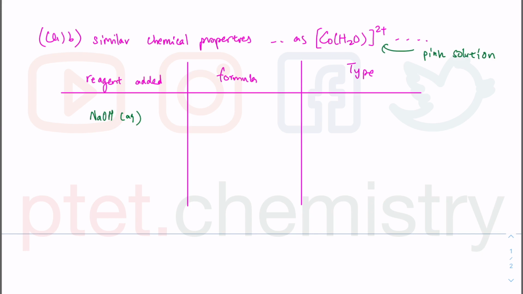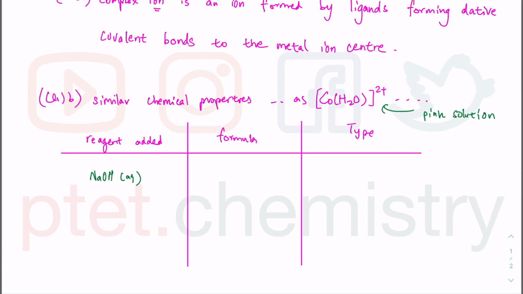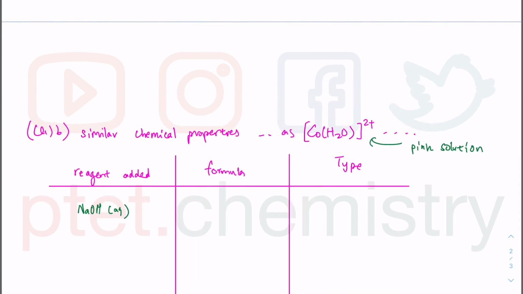They haven't asked us to describe the color of these things with the chromium species, because the chemistry of chromium compounds is not specified in your syllabus. But of course, we know the cobalt species in the presence of NaOH. I think I better move this table to a new page, because I want to talk a lot more about this than the space given.